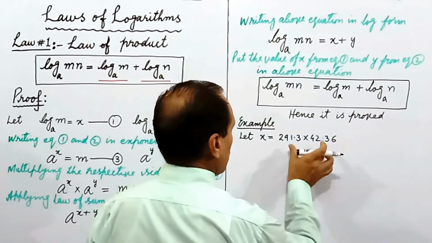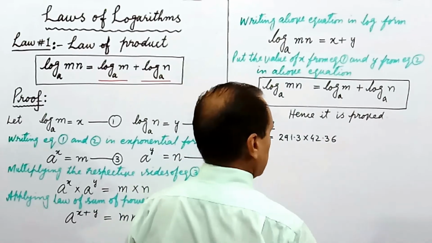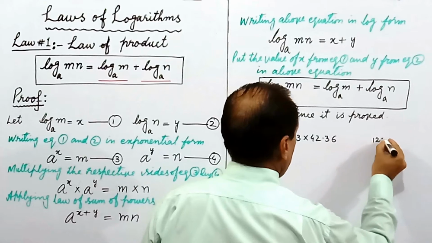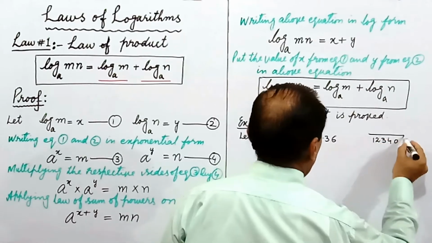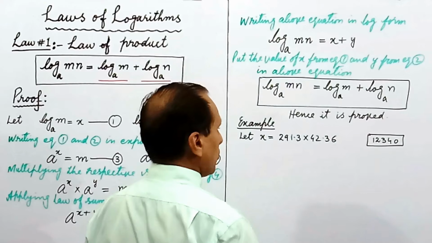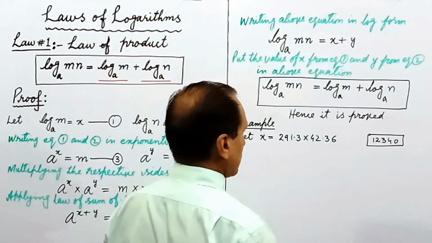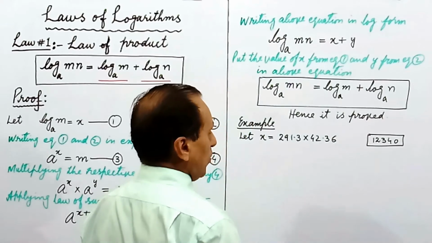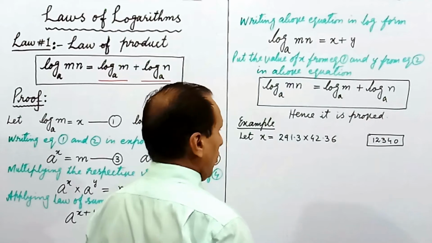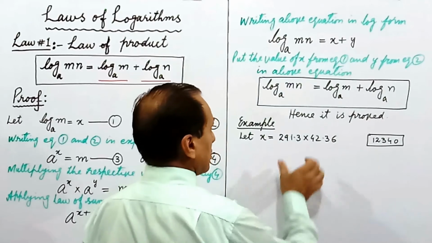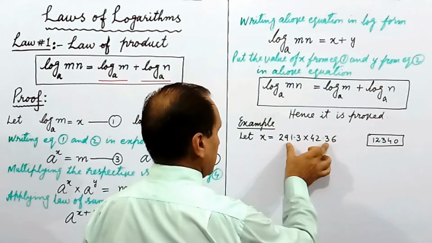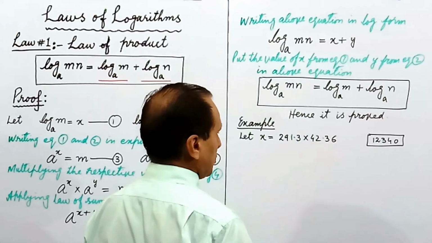When we use calculator to find the product, the product is, but in old days the calculators are not present for such calculations. So logarithm is invented. And logarithm is helpful to convert such a problem of multiplication into simple problem of addition.